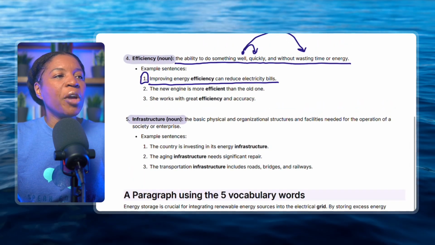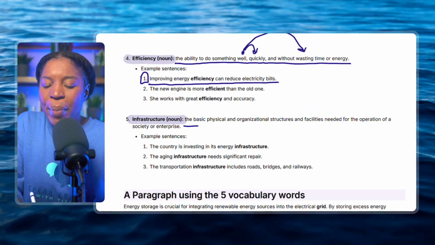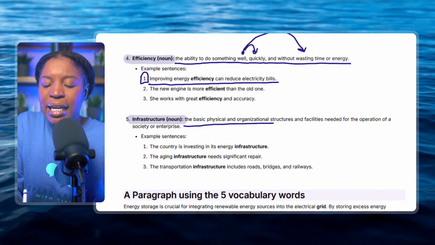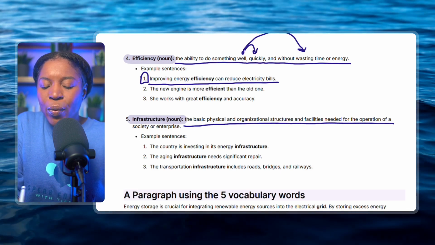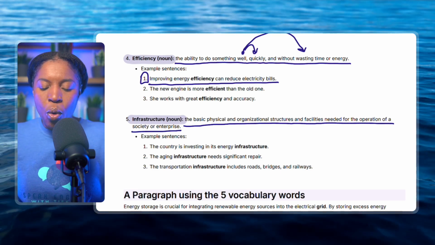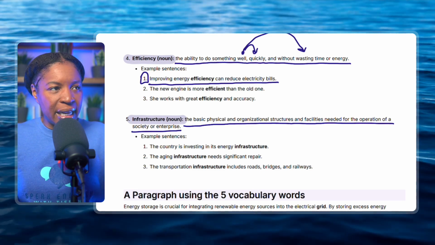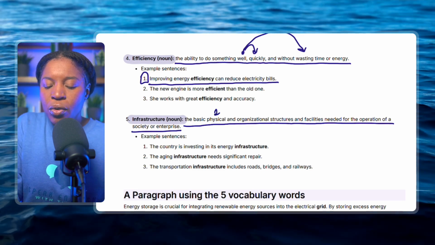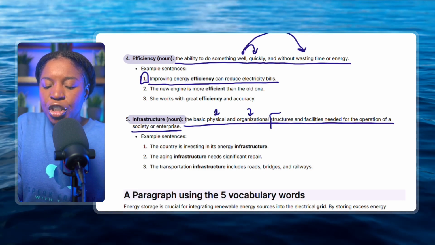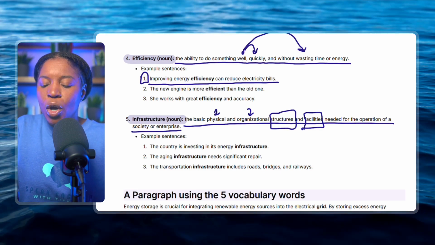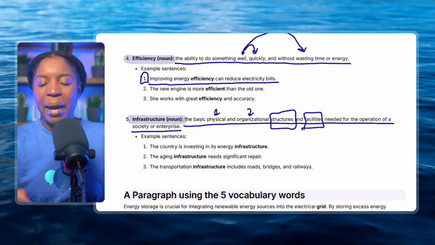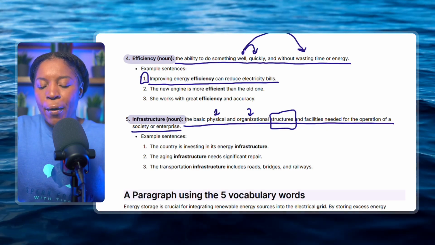So this term infrastructure means the basic physical and organizational structures and facilities needed for the operation of a society or enterprise. The key again, physical and organizational structures and facilities, right? What you need to actually make things run well.